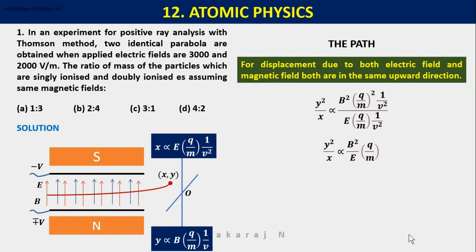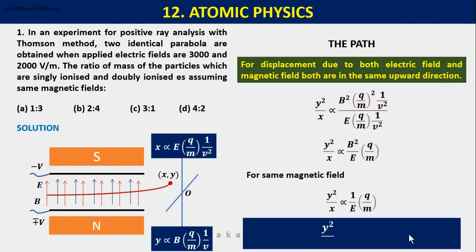In our problem, it is clearly given that both the particles assume same magnetic field, so B is constant here. So y square by x proportional to 1 by E times q by m. In this type of problem, this is the starting formula, right? If you get a problem like this, you have to start with this formula, y square by x proportional to 1 by E times q by m. This is the starting point.